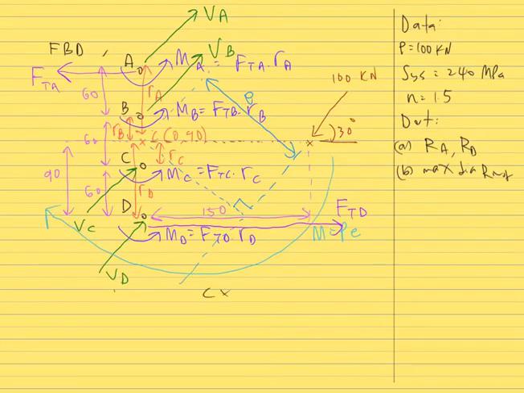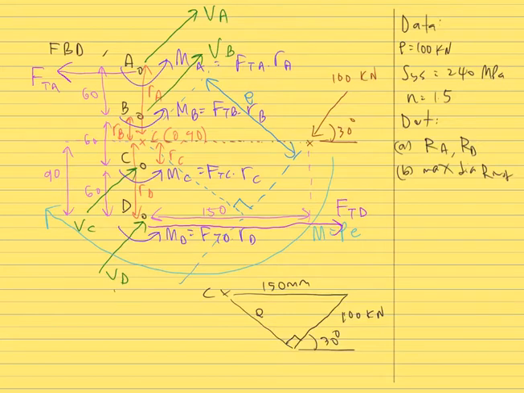So this is our centroid, and this is the eccentricity line E, and perpendicular to it we have the line of action of the applied force 100, and the direction of the applied force to the horizontal line has an angle of 30 degrees. And the distance from the centroid to the applied load is 150 millimeter.